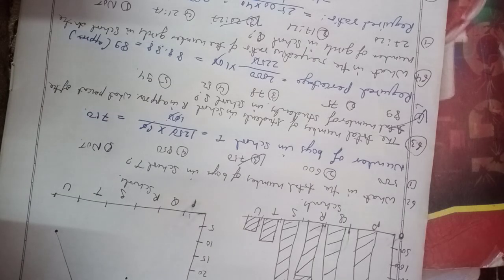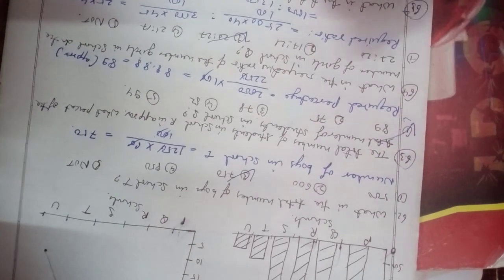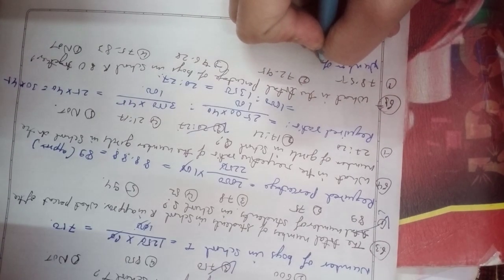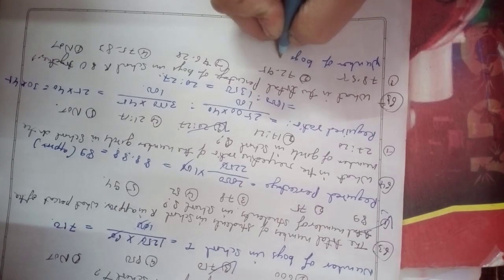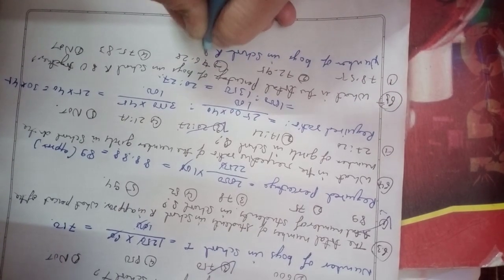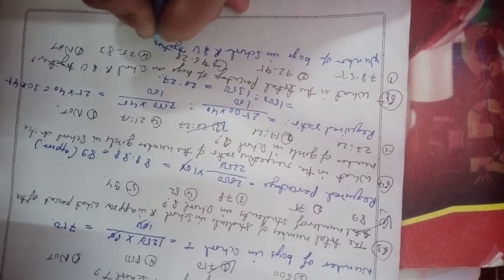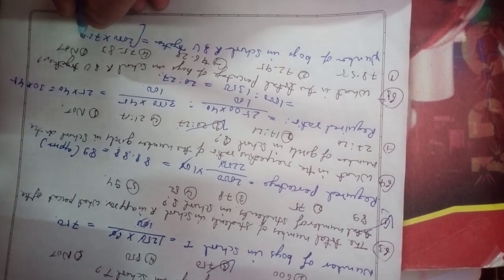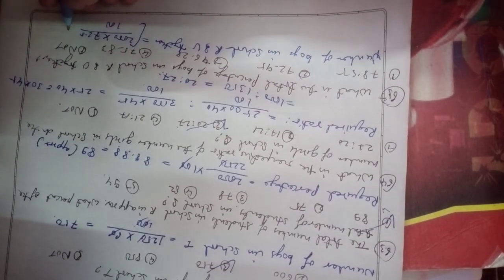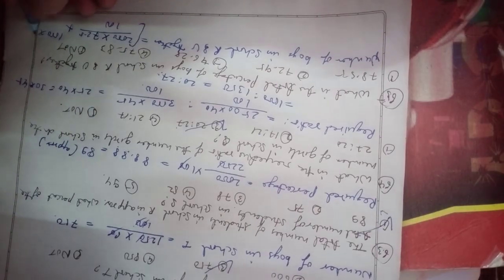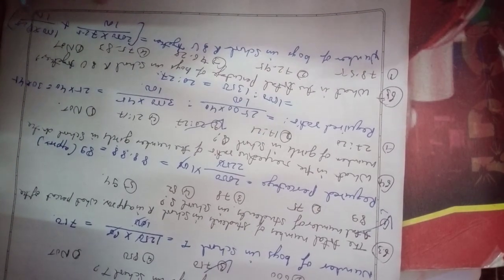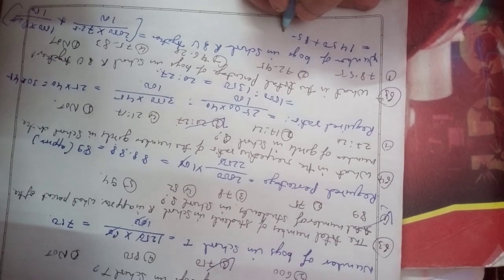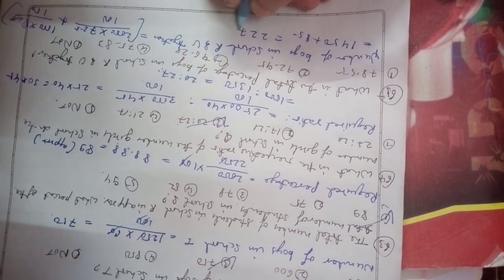Number of boys in school R and U together: 2000 into 72.5 upon 100 plus 1000 into 82.5 upon 100, 1450 plus 825, that will be 2275.